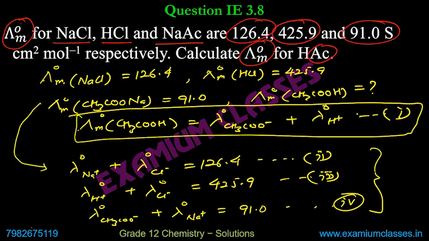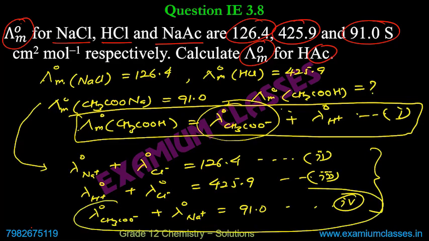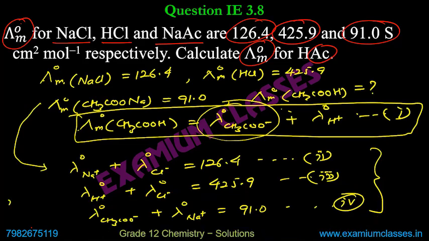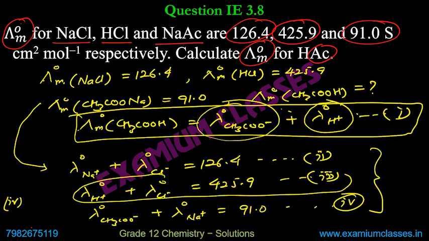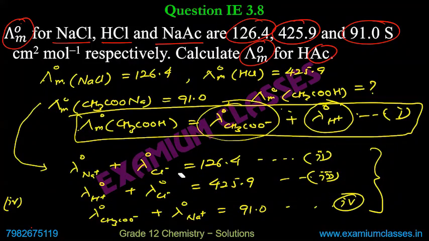Now, how do you get it? You actually need this one. It means this has to be positive. Wherever you have CH3COO minus, that will be positive. It means this reaction will be positive. So write it as it is, 4. Then you need H plus also, that will be positive. So H plus you have here in third, so third plus.